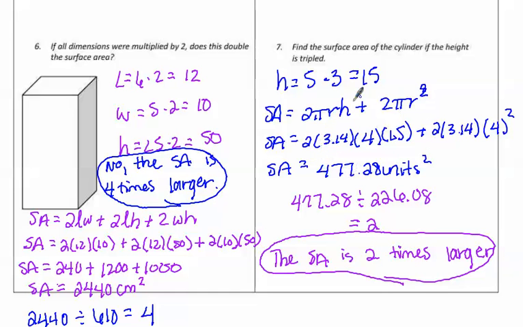Once you plug it into the formula, you get 477.28 units squared. To find the changed attribute, you want to divide the new surface area by the original surface area. This equals 2. So in this case, the surface area is 2 times larger.